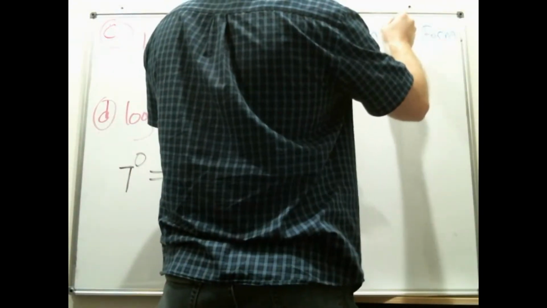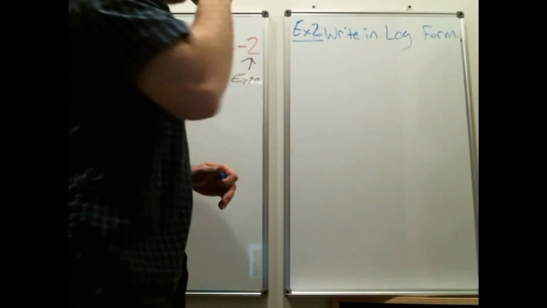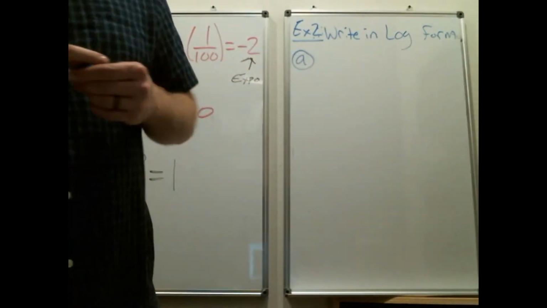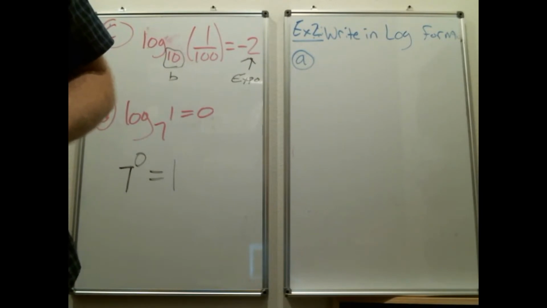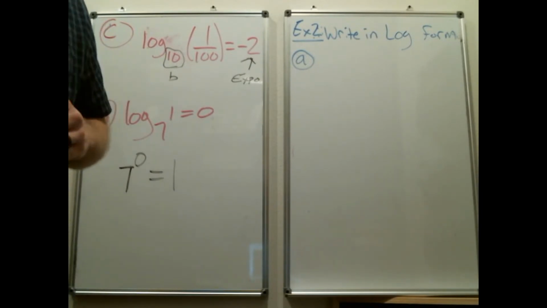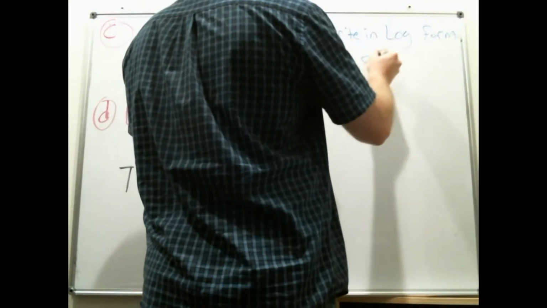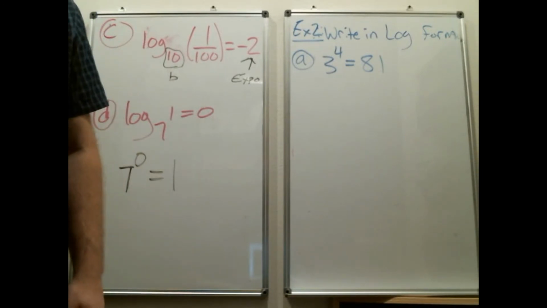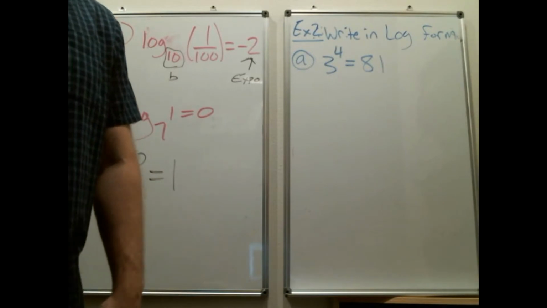Alright, in part A, let's say we have this: 3 to the 4th is equal to 81. So it's pretty obvious, yes, 3 to the 4th is equal to 81.